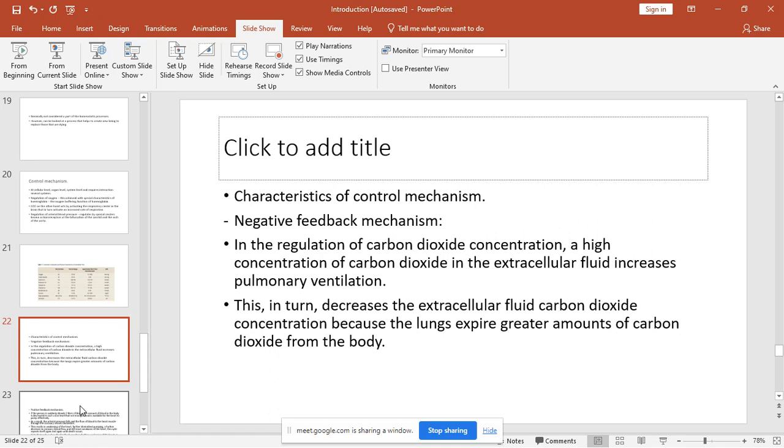So you can see a negative feedback mechanism sets up a cascade of reactions that ends with the arresting or diminishing of the stimulus that initially started the cascade. I hope you understand me on that.